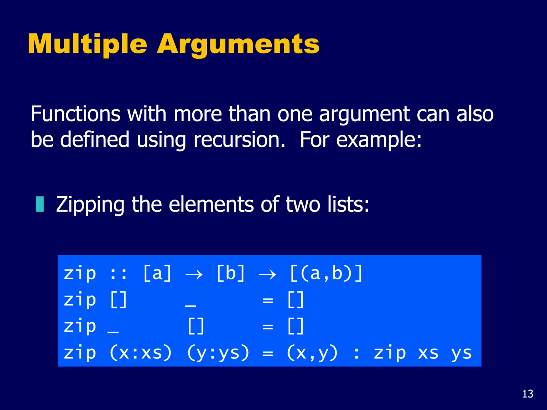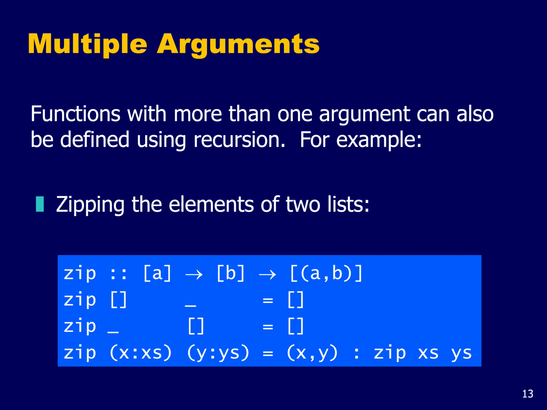And then the work of the function is done in the recursive case where we're matching on the non-empty list x colon x's and another non-empty list y colon y's, and we know both of these are not empty at this point because the first 2 cases catch the case where either or both of the input lists is empty.